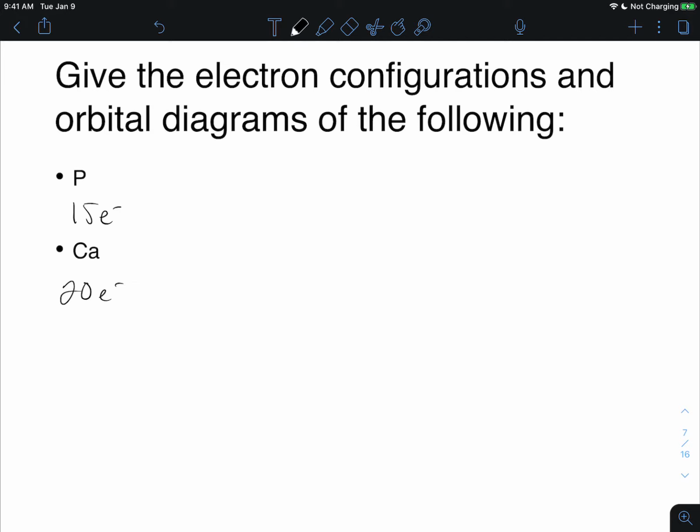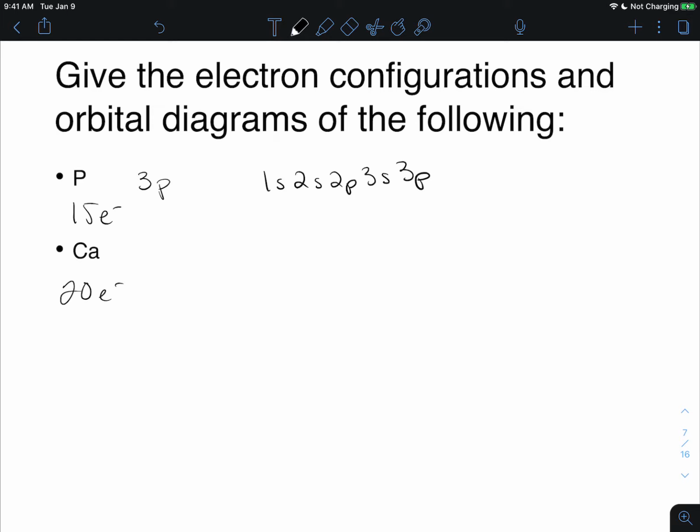And if you look on your periodic table, you can see where the outermost electron is. In the case of phosphorus, if we look on our periodic table, we see that phosphorus is in the N equals 3 level, and it is in a P subshell. So our outermost electron is in 3p. So we're going to stop once we reach 3p. So we'll do 1s, 2s, 2p, 3s, 3p.